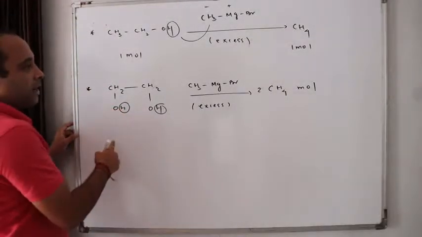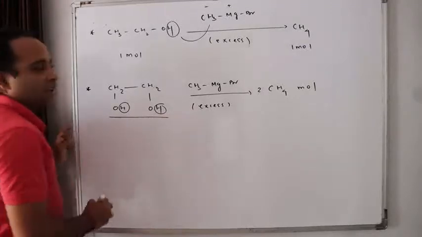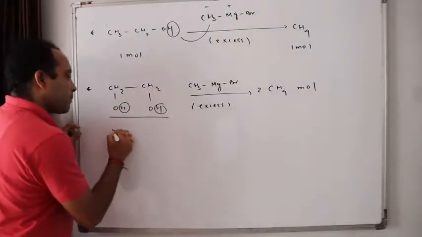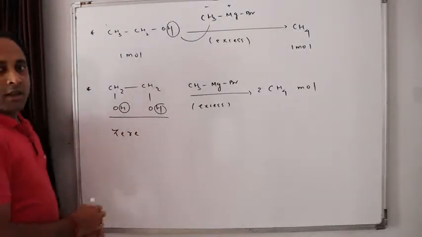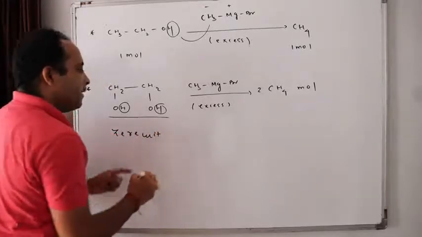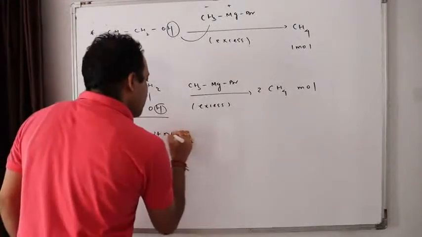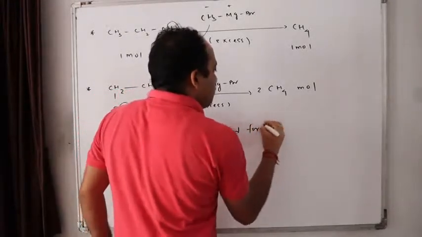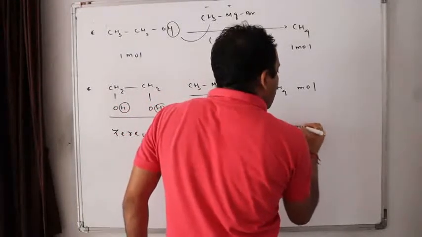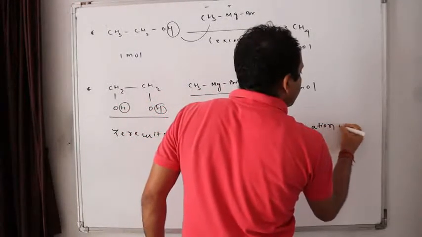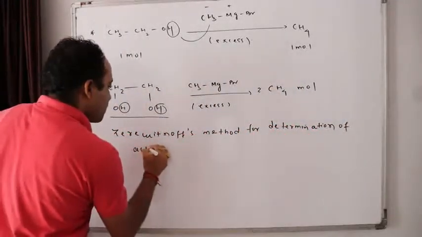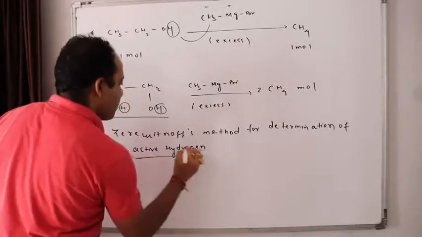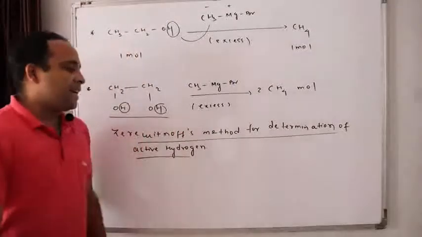Now, from this what do I determine? The number of active hydrogens. This method of determination of active hydrogen is called the Zerewitinoff method. Zerewitinoff method for determination of active hydrogen.